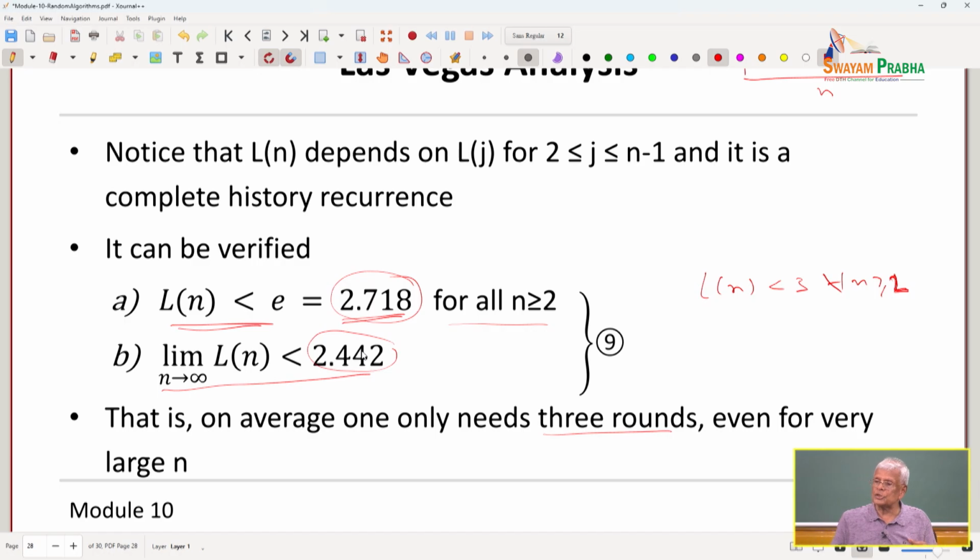If the average is finite, you would, so I have a random variable, L is a random variable, right? I'm sorry, L is not random, I misspoke. L is the average number of rounds. So if a random variable is such that the average is finite, you would expect high probability near it. For example, a normal distribution goes from minus infinity to plus infinity; in principle it can take very large values, but it takes very large values with very small probability.